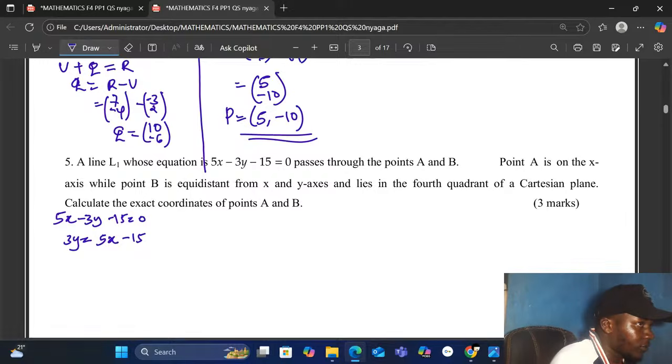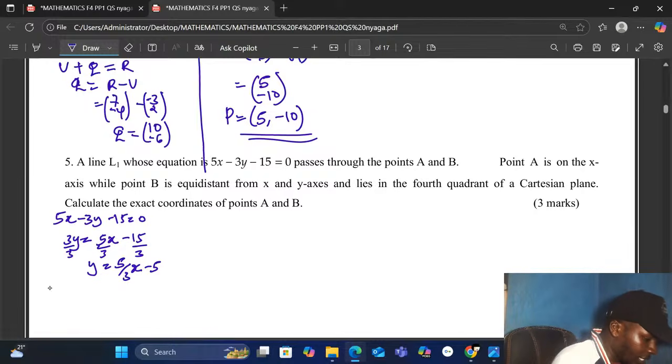Then we divide both sides by 3, and we now have that y is equal to 5 over 3 x minus 5.